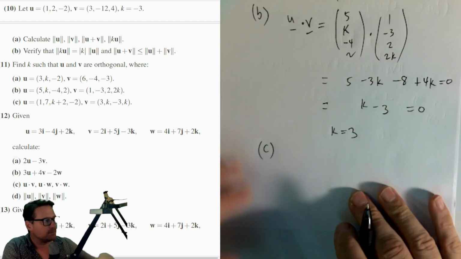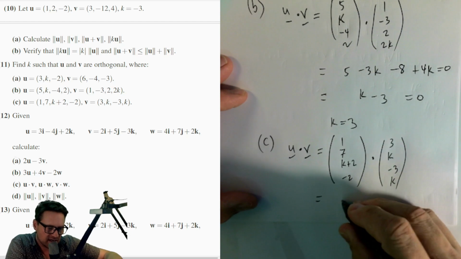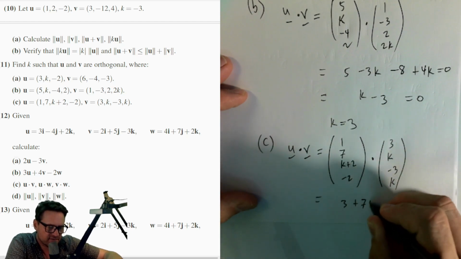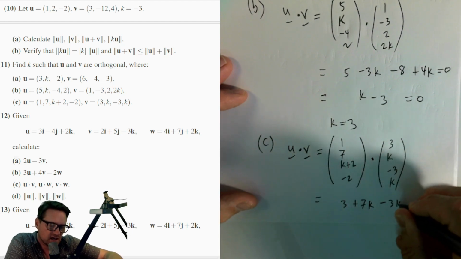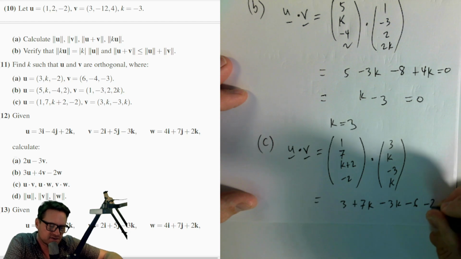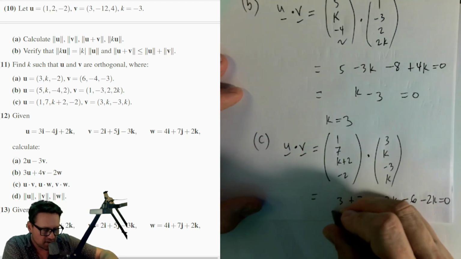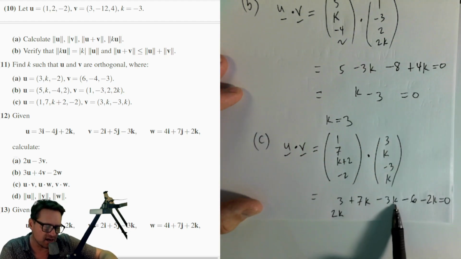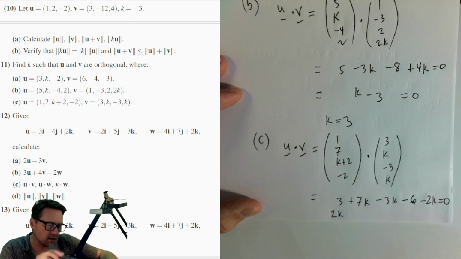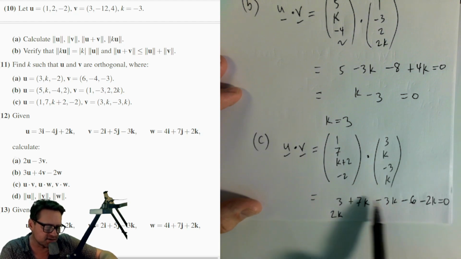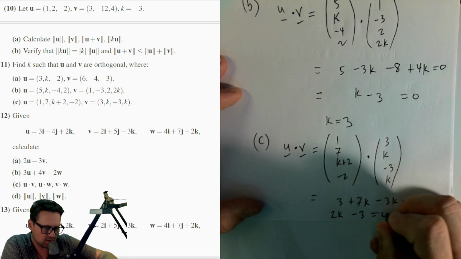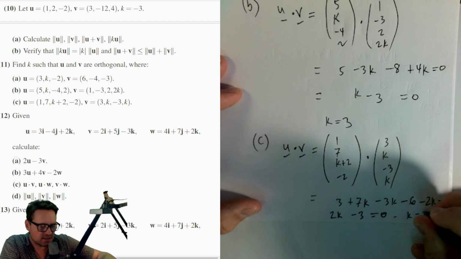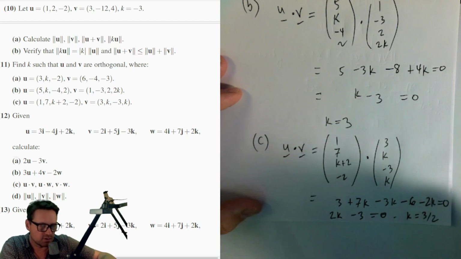Okay, part C, u dot v. So we have 3 plus 7k minus 3k minus 6 minus 2k equals 0. So that's 2k, or 7k minus 3k minus 2k. And then minus 3, which is 3 minus 6, equals 0. And so k is equal to 3 over 2, or 1.5.